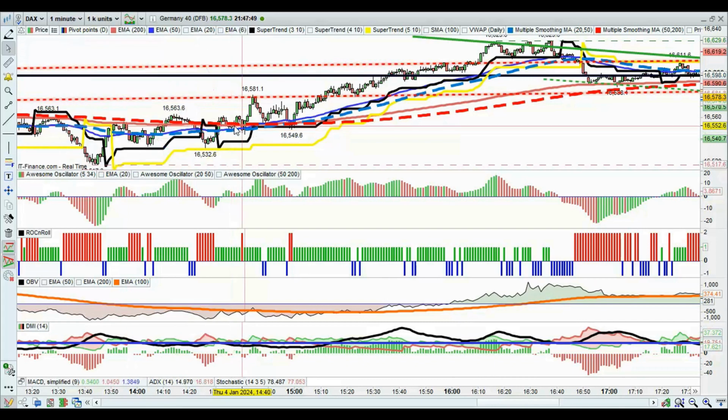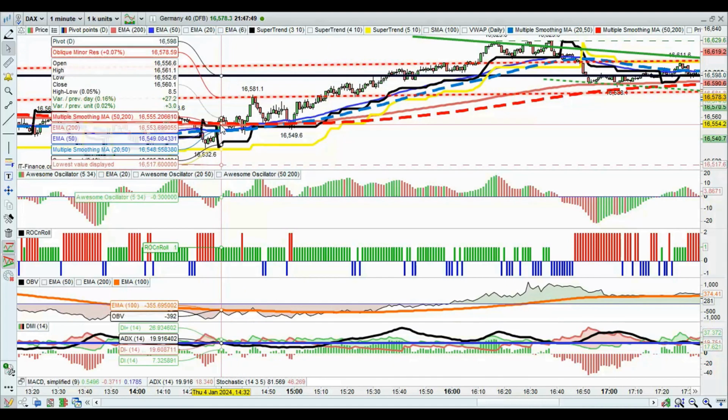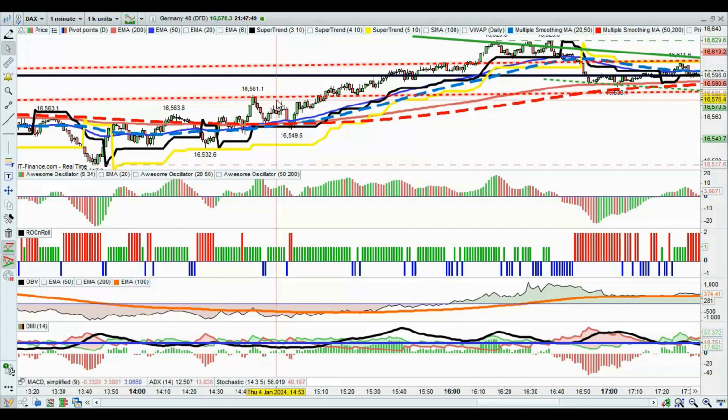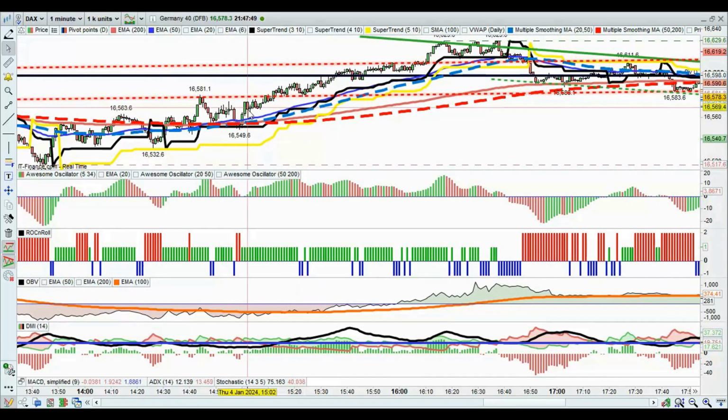So just by taking that entry there and persevering with this, even if you got in at 16,555 or even 16,560, you're still going to take advantage of this move, and it's not going to cost you any more than 10-11 pips below here.